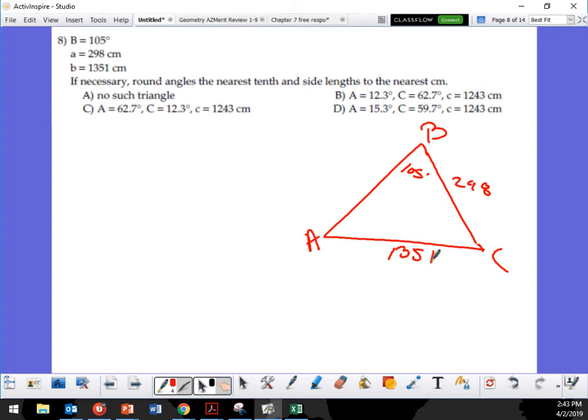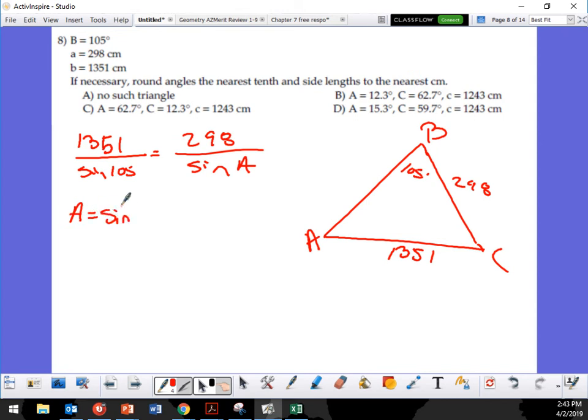I need to solve for big A. So I'm going to have 1351 over sine of 105 is equal to 298 over sine of A. So A equals inverse sine of 298 times sine of 105 over 1351.